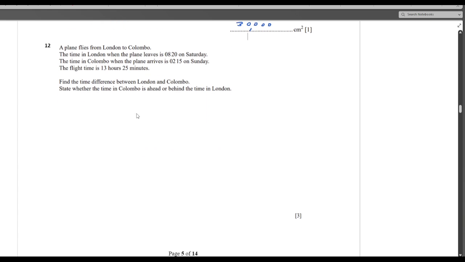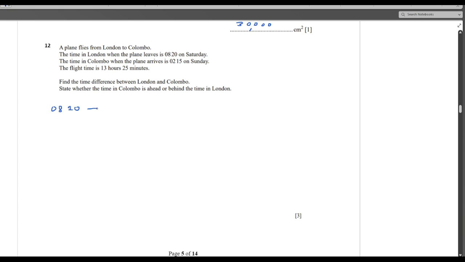Now a plane flies from London to Colombo. The time in London when the plane leaves is 8:20. So it is leaving at 8:20 on Saturday. The time in Colombo when the plane arrives is 2:15 on Sunday. The flight time is 13 hour 25 minute.